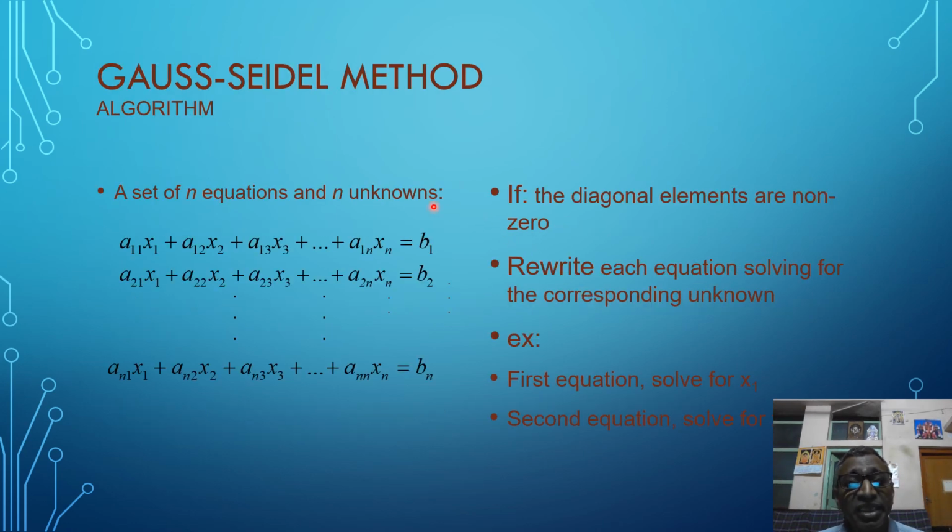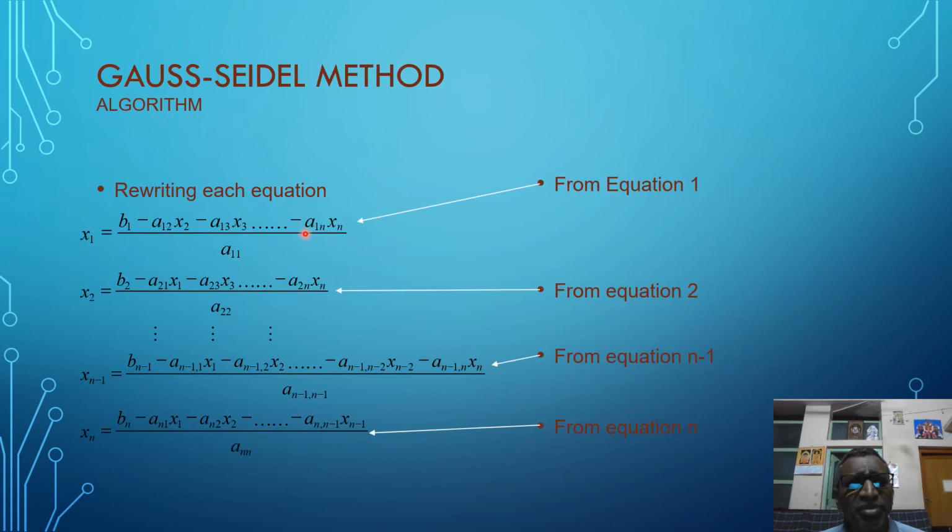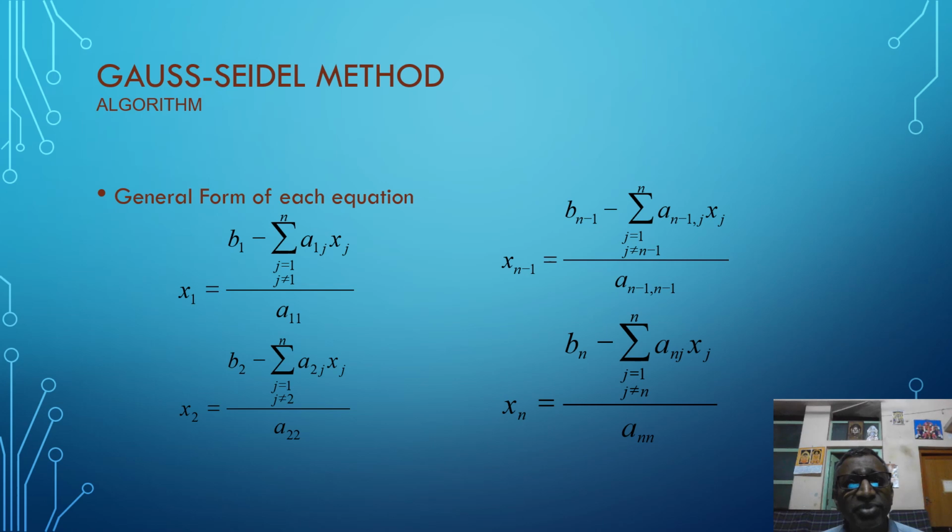So as before, we are taking the same simultaneous equations, n equations in n variables. Next is again the same technique. We are rewriting the equations for x1, x2, up to xn in terms of the other variables, as before, and the general formula for x1, x2, and so on up to xn.